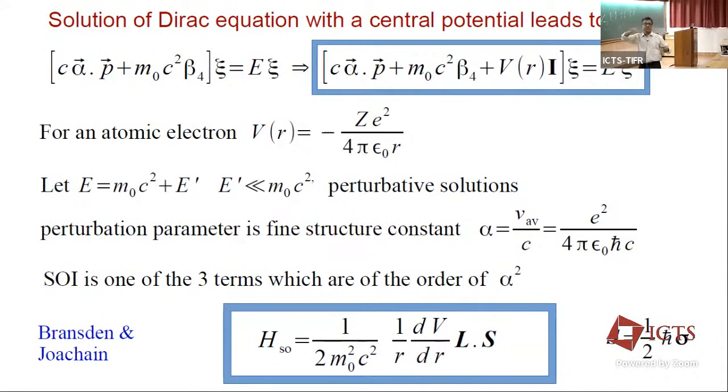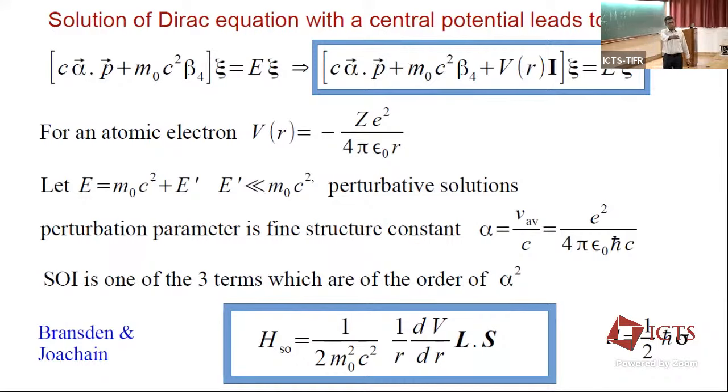You can split it into 2x2 matrix equations, coupled matrix equations. And in the non-relativistic limit, you apply perturbation, splitting the relativistic energy into the rest energy and some E prime, which you consider much smaller than mc square.